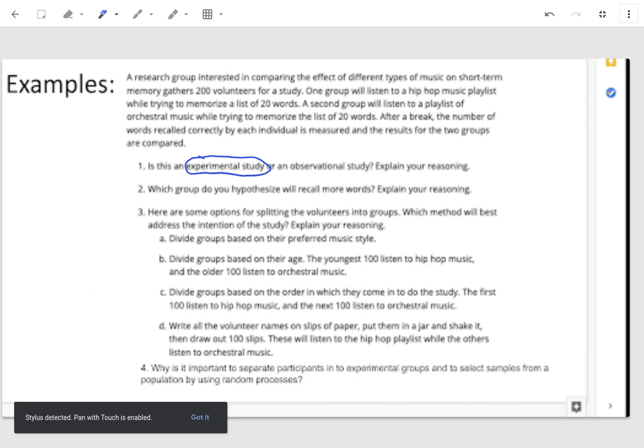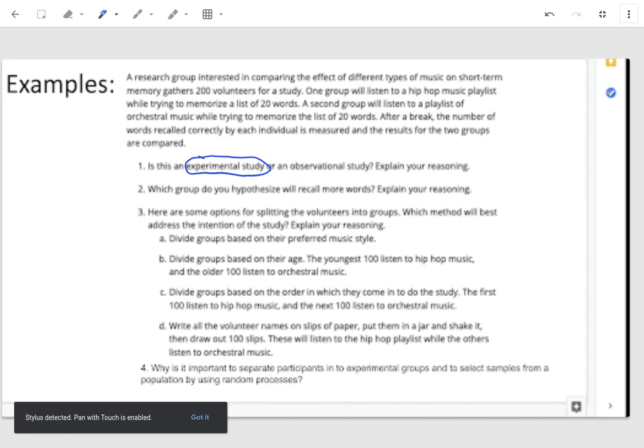And the reasoning is, and I'm not going to write this down, so just make sure you listen. The reasoning is because they are studying the effect of one thing, in this case, the type of music, and the effect that has on the other thing, in this case, the number of words they can memorize. So that's one of the reasons.